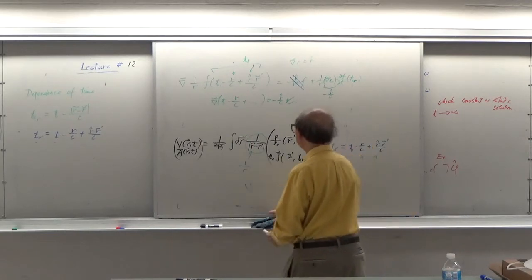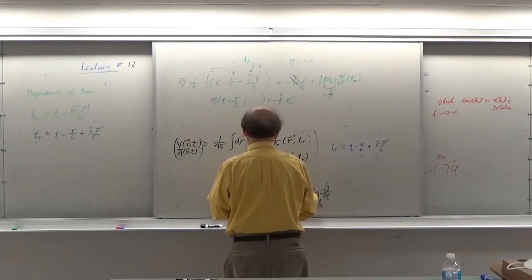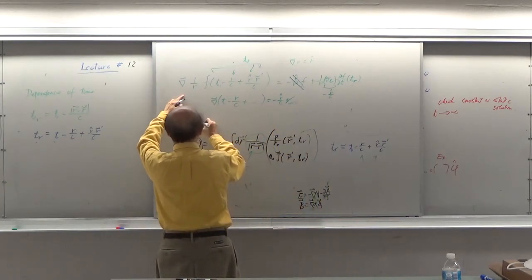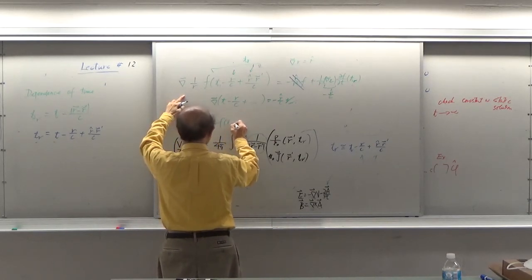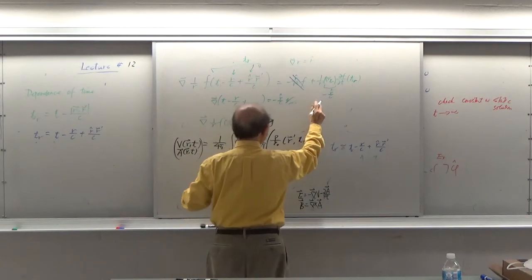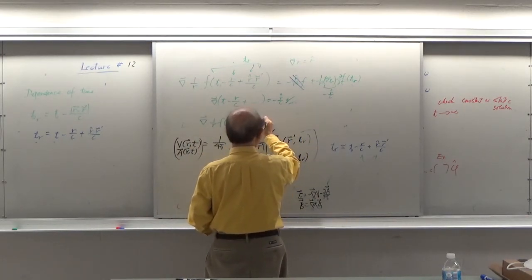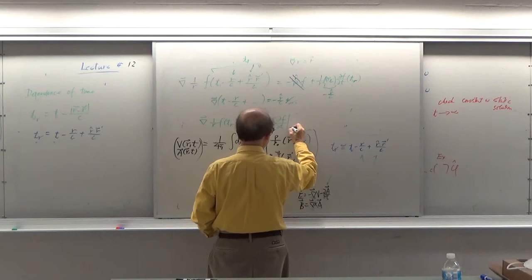All right? So all I have to do now is write that the gradient acting on 1 over r times f of t_r is approximately minus r hat over c and over r, then del f by del t, evaluated at the retarded time.